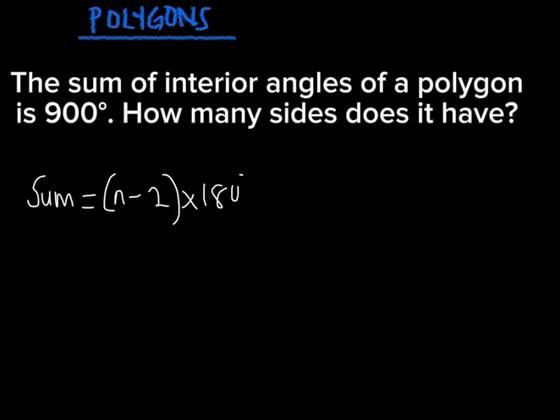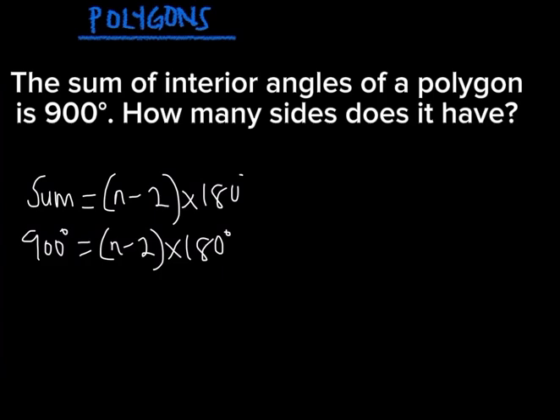Now, since we're already told in the question that the sum of the interior angles of the polygon is 900 degrees, let's replace sum with 900 degrees. Then we would have 900 degrees is equal to (n - 2) times 180 degrees.